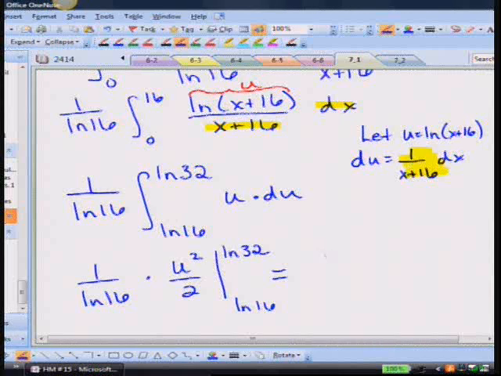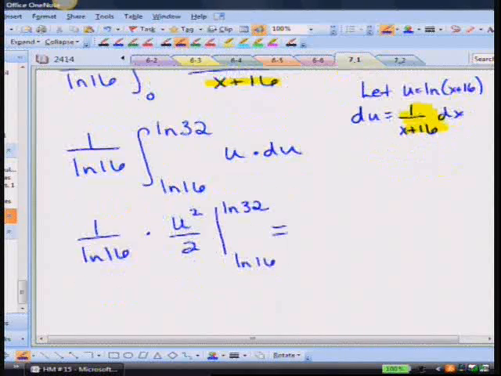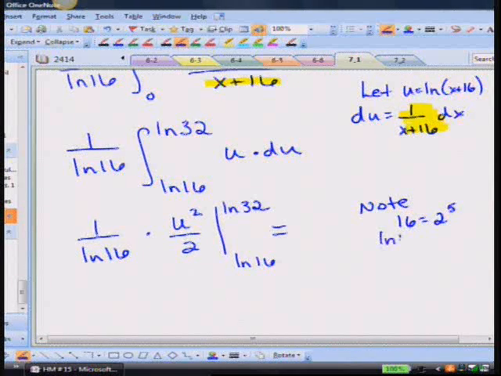So, note, 16 is equal to 2 to the 4th. Sorry, you get the idea though, right? 32 is 2 to the 5th.